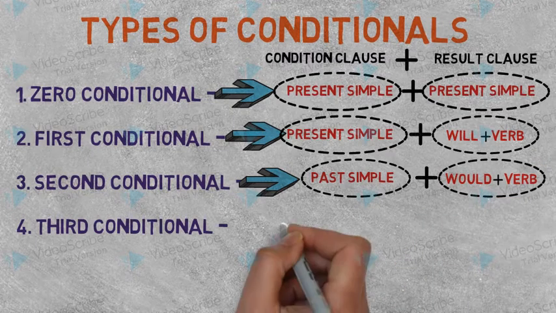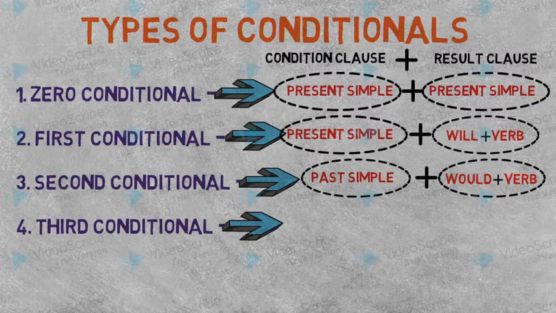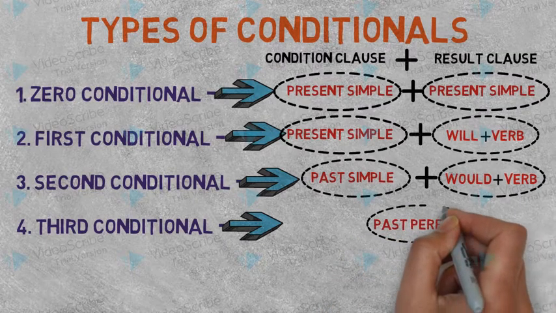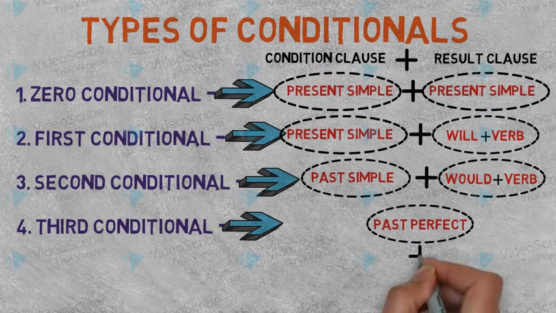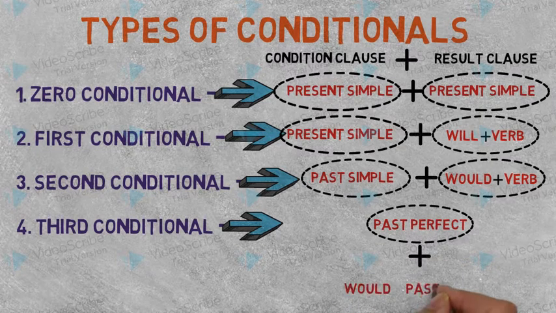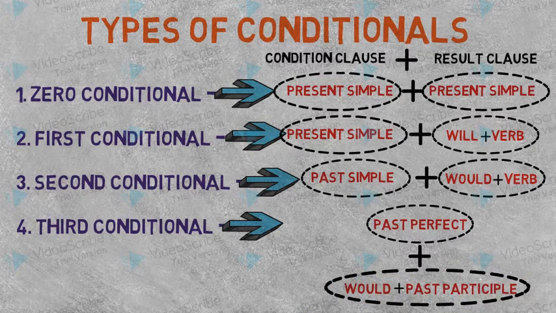In the third conditional, we'll use the past perfect tense in the condition clause along with would plus past participle or the third form of verb, which is also known as V3 form, in the result clause. Now let's have a look at each one of them.